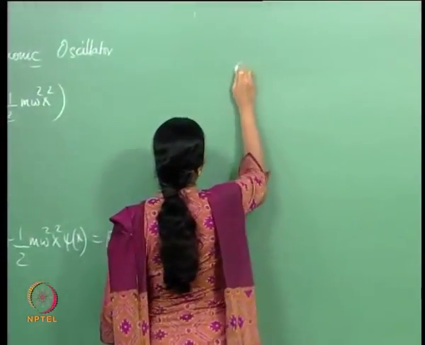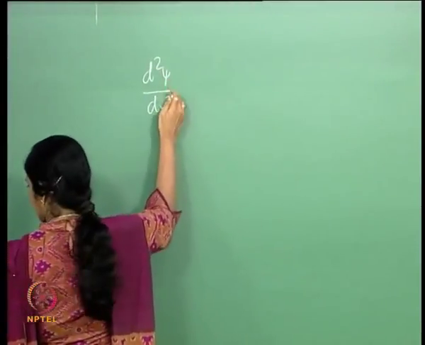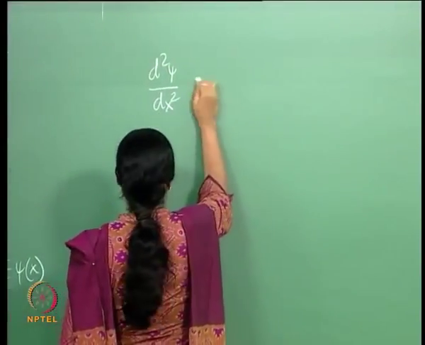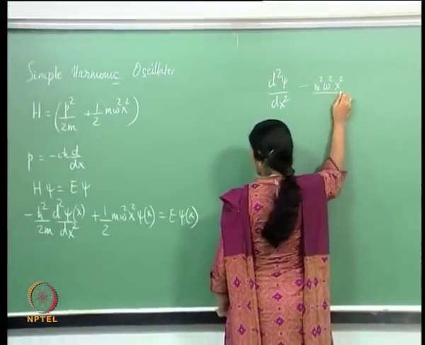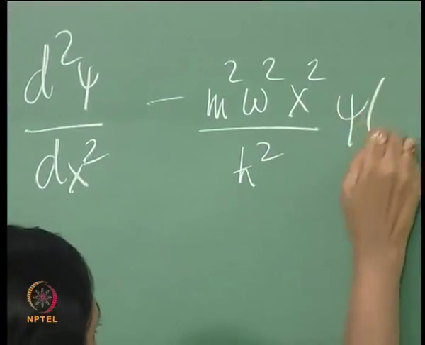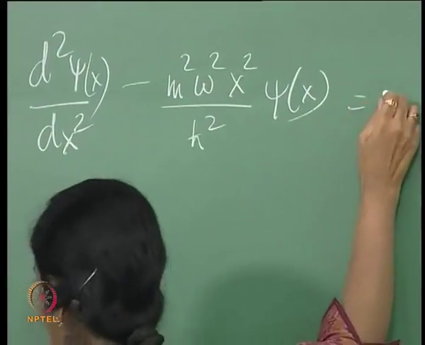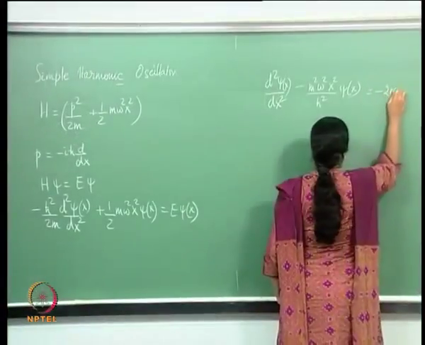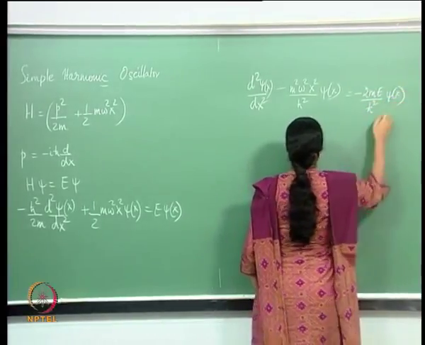and therefore we had d2 psi by dx squared, if I suppress the index x, minus m squared omega squared x squared by h cross squared psi of x, is minus 2mE by h cross squared psi of x.